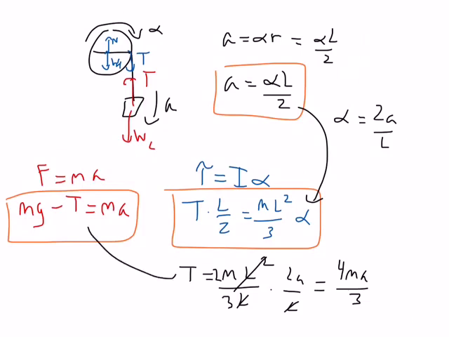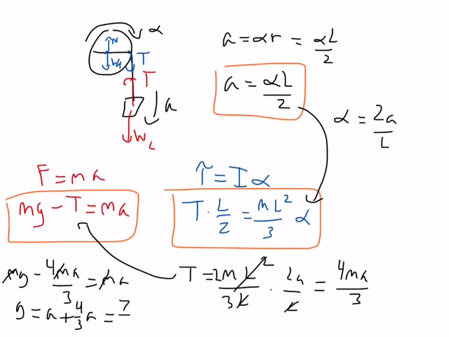I'm going to put that right there. So mg minus 4ma over 3 equals ma. We can cancel mass everywhere. Put the stuff with acceleration together. So g equals a plus 4/3 a. So that is 7/3 a.